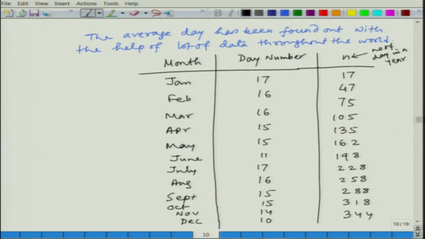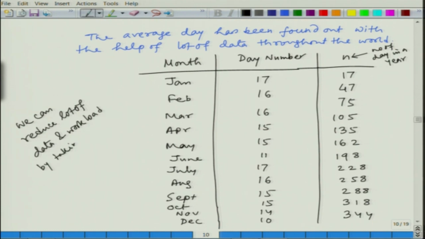If we take these average days of the month, then we can reduce a lot of data and workload by taking this single day that represents that month.